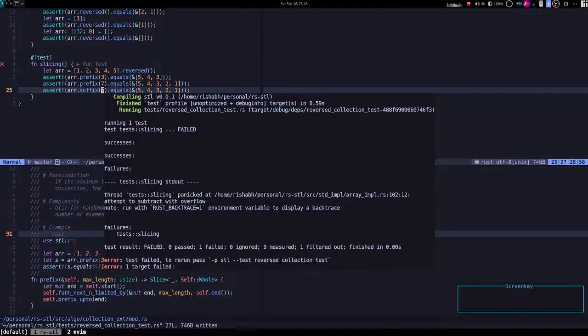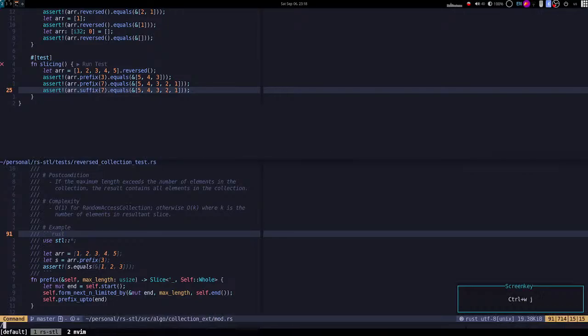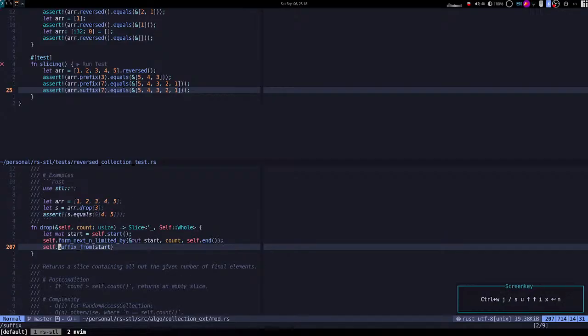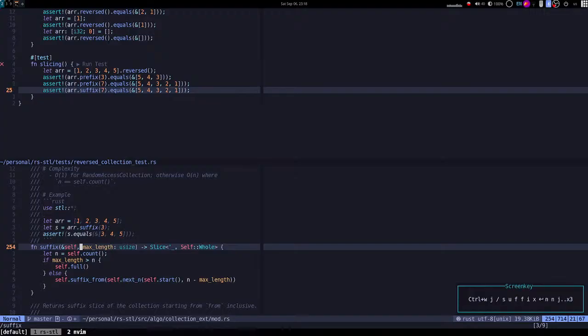Subtract. Okay, now we got into an issue. The suffix 7, suffix from suffix max length. So what's that? It's self dot count.